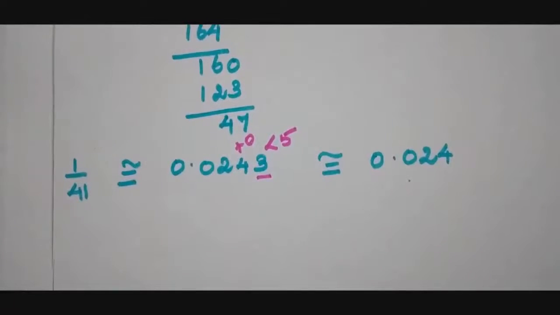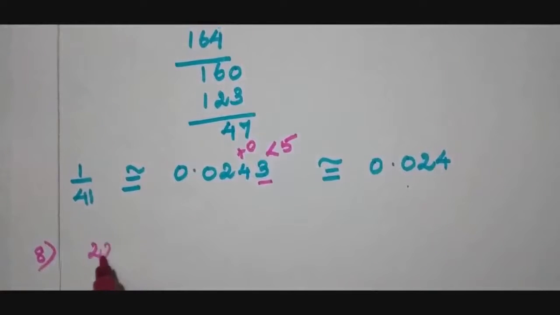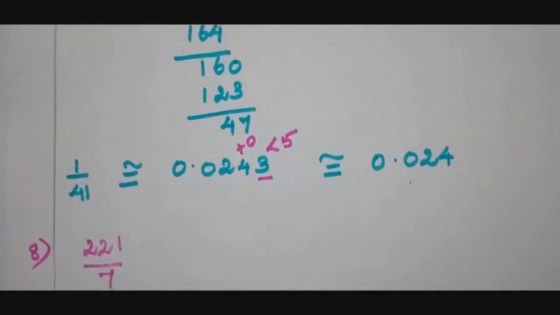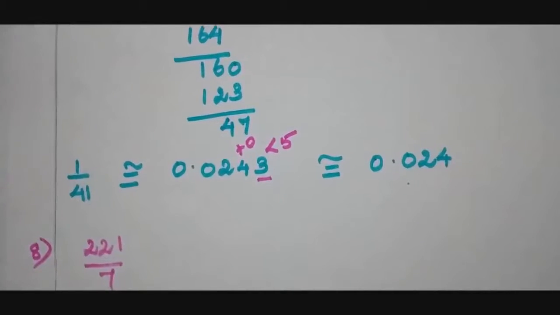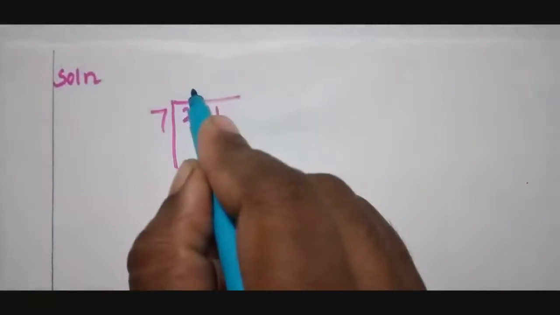Second one, 221 divided by 7. 3 sevens are 21. 22 minus 21 is 1.